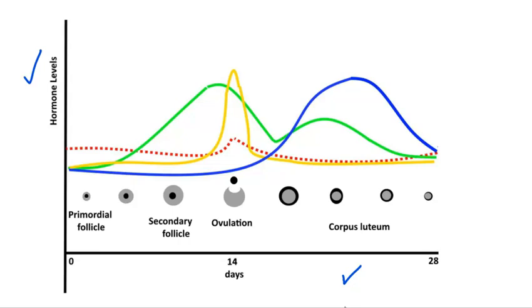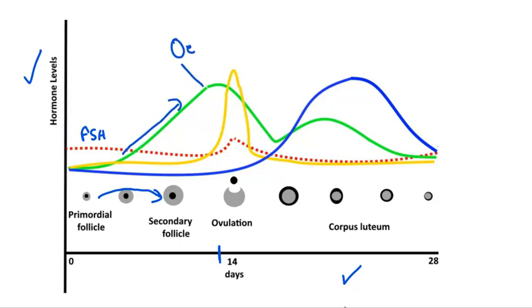And so we can see here that in red we have the FSH levels relatively low during the first half of the cycle, but bringing about the development of the primordial follicles or primary follicles into secondary follicles. Those follicles are increasingly producing estrogen, shown here in green.